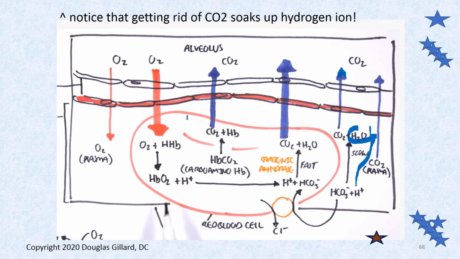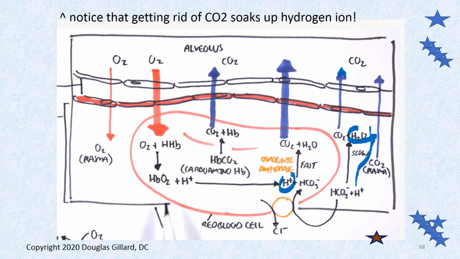And inside the red blood cell, it happens even faster. As oxygen's coming in, you get oxyhemoglobin, and that hemoglobin sheds a hydrogen ion, which has to be grabbed by bicarbonate. Bicarbonate and hydrogen ion combine with the help of the enzyme carbonic anhydrase. It makes CO2 and H2O.